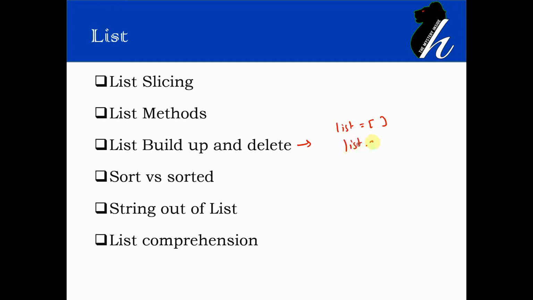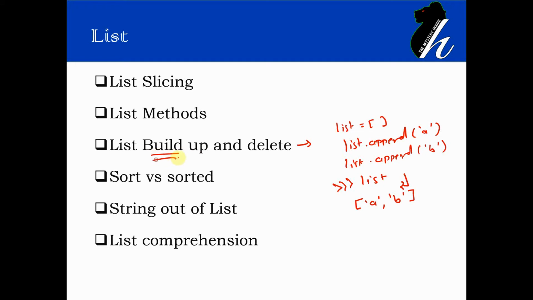So list dot append, for example, let's say a. Once again list dot append b. So your output would be list equals to, it is going to return you a and b. So this is the way you can build up a new list.